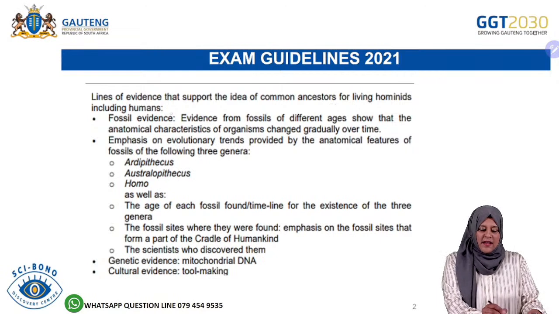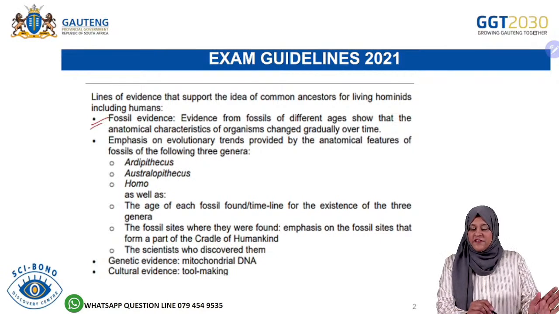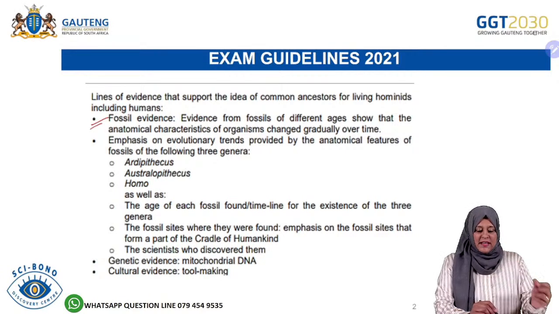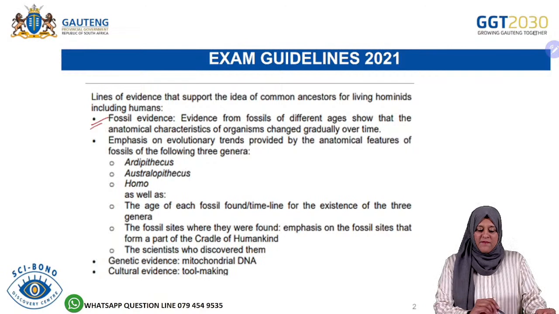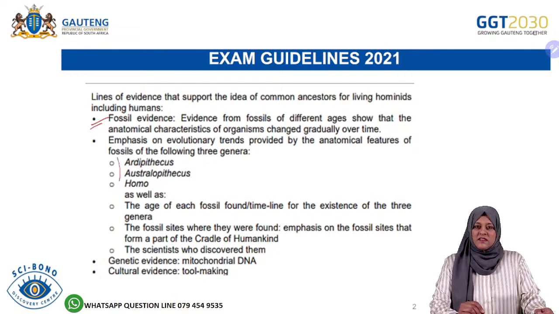Then we're going to look at the fossil evidence here. That's evidence from fossils of different ages and shows the anatomical, that is the structural, characteristics of organisms and how they change gradually over time. We're going to emphasize evolutionary trends provided by these anatomical features of fossils of these three genera here: Ardipithecus, Australopithecus, and the Homo genus.